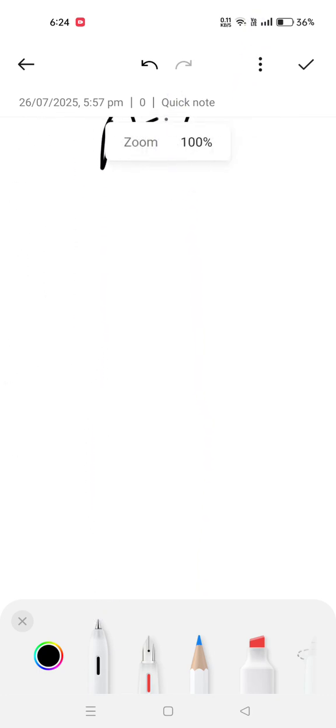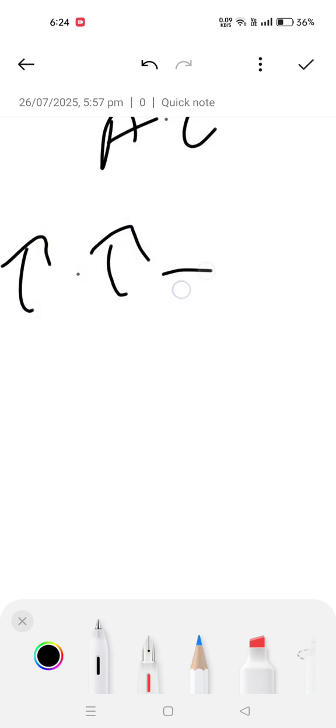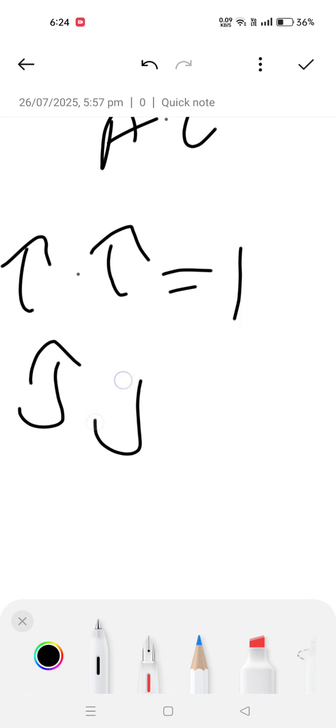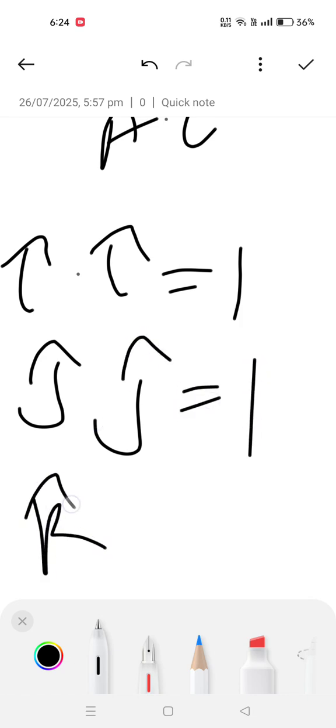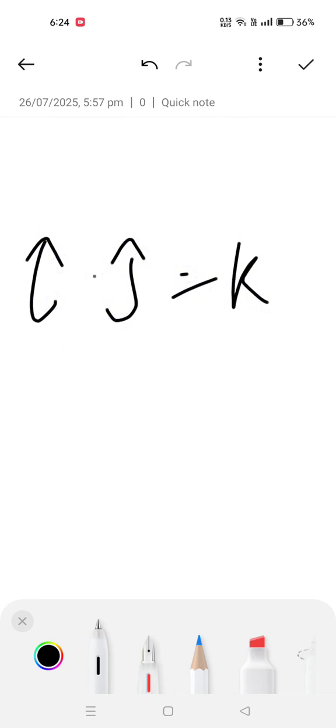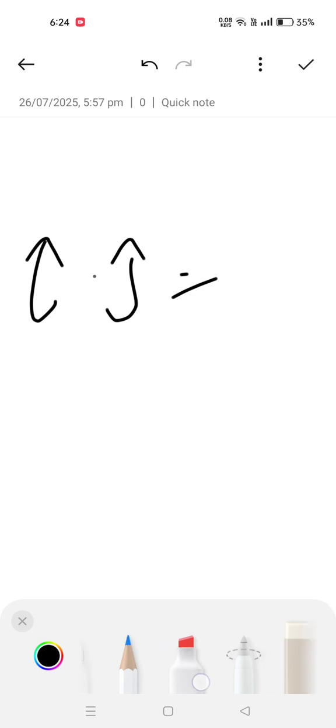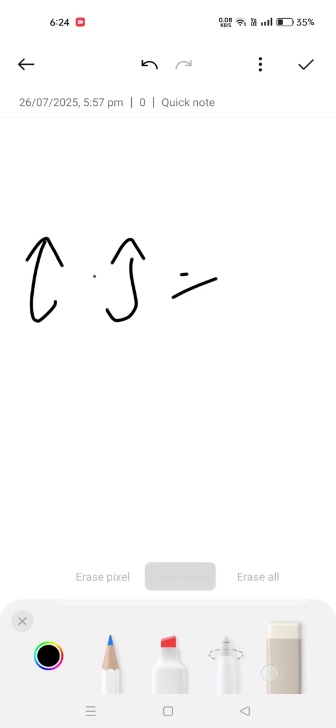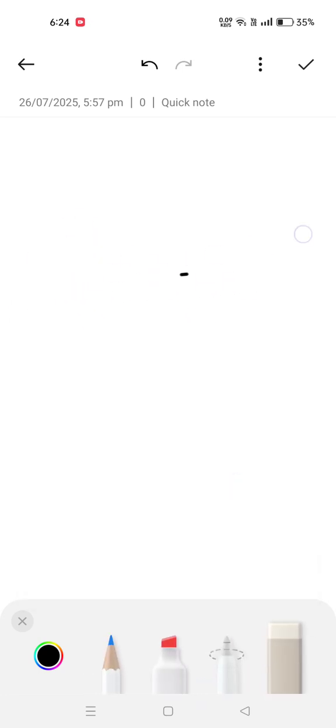Next we have i cap, j cap. So i cap into i cap is equal to 1, j cap into j cap is equal to 1, and k cap into k cap is equal to 1. i cap into j cap is equal to j cap dot k cap. So see, what you will simply do, just how to remember this sequence. I also had problems in my time.